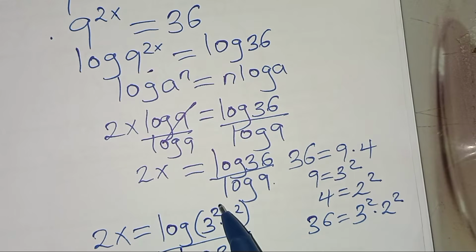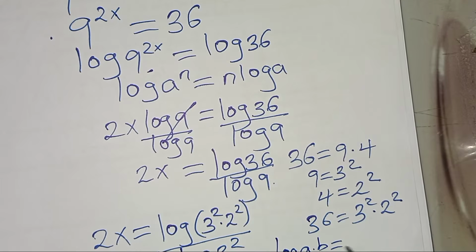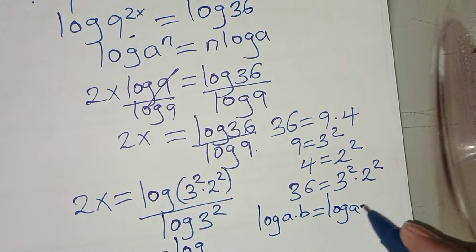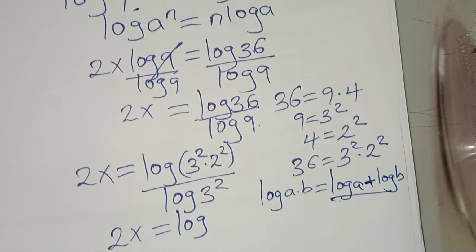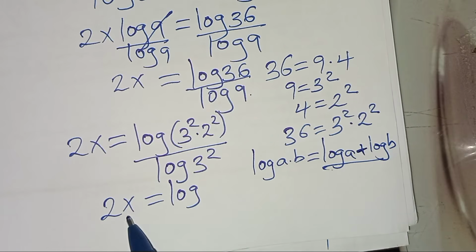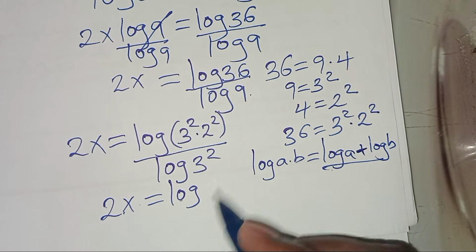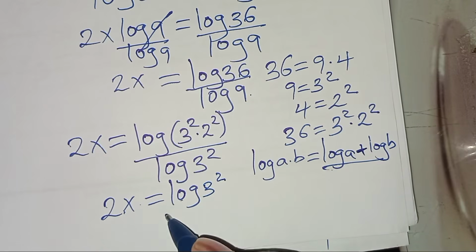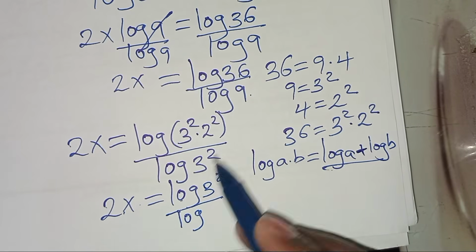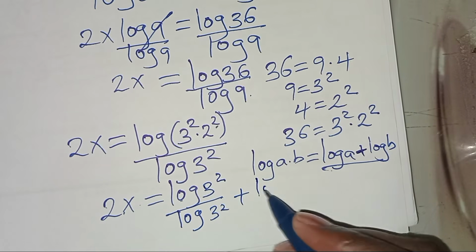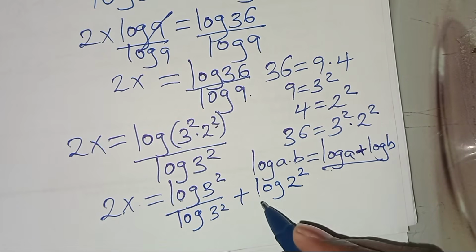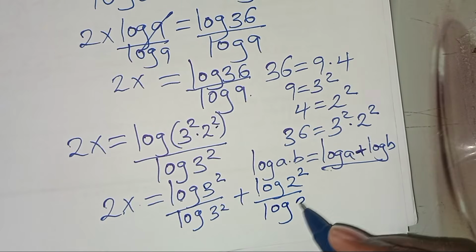Now we find that 3 squared times 2 squared is in the form of log a multiplied by b, which we can express as log a plus log b. Now let's apply this property, so that now we'll have 2x is equal to log 3 to the power 2 divided by log 3 to the power 2 plus log 2 to the power 2 divided by log 3 to the power 2.